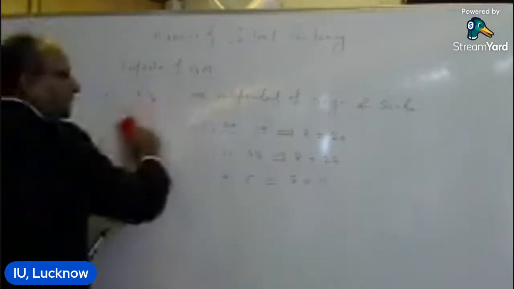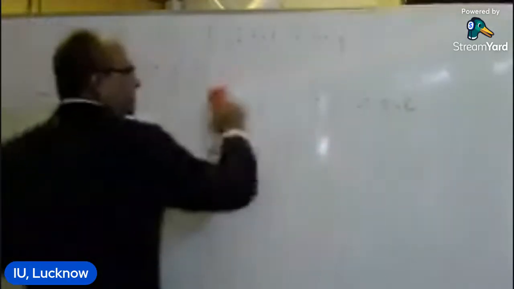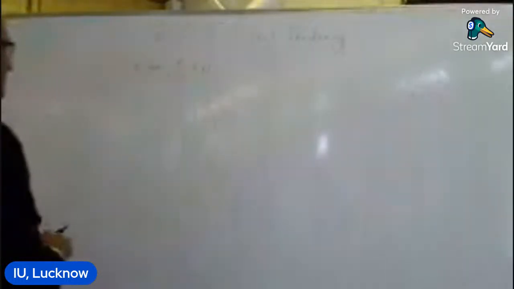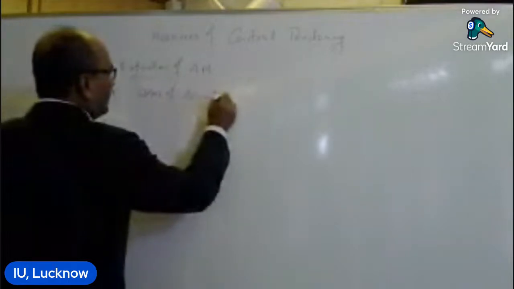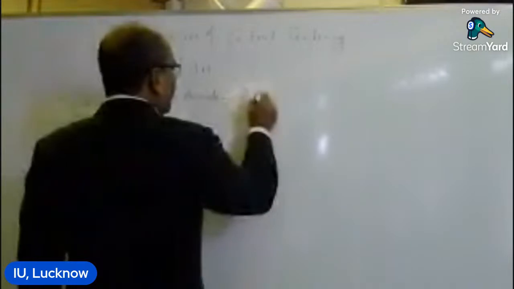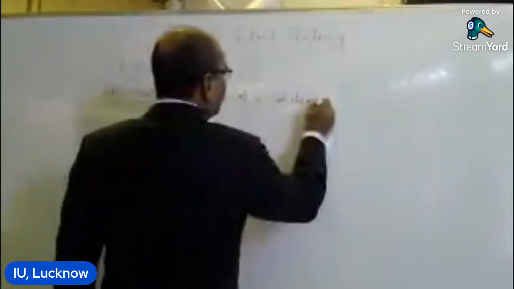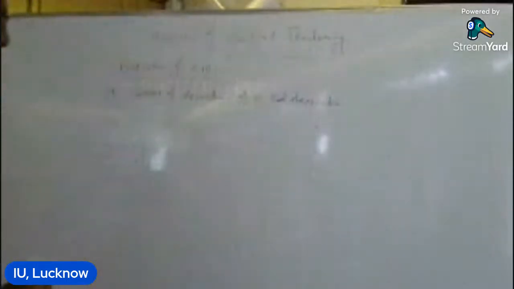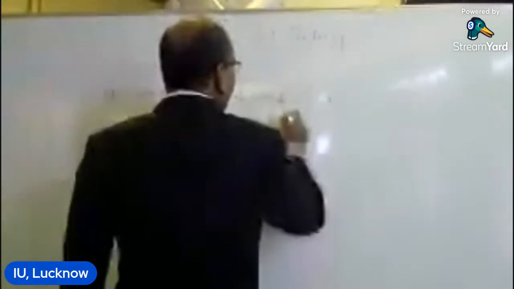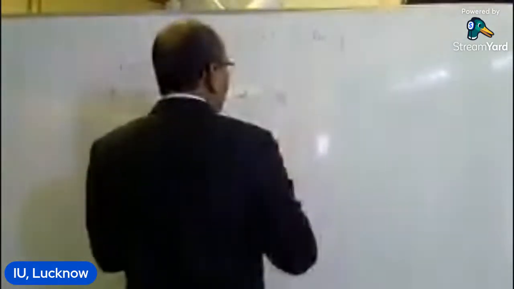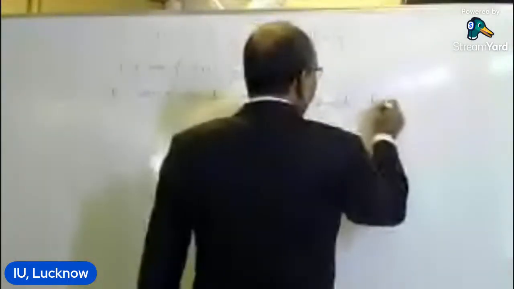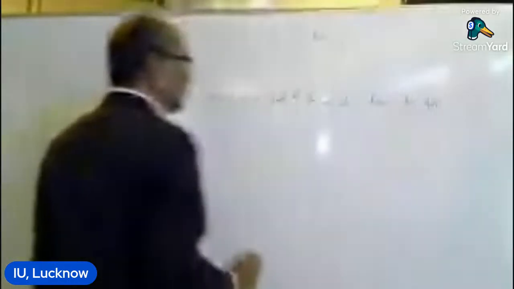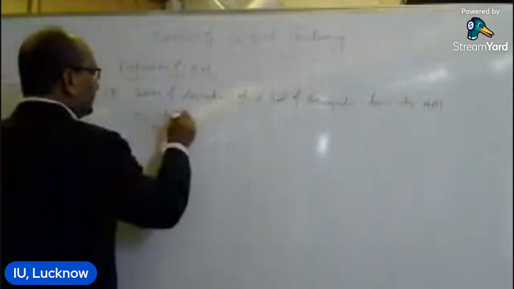Now the second property of the arithmetic mean is: the sum of deviations of a set of observations from its arithmetic mean is always 0.